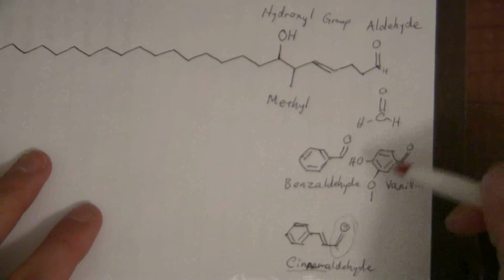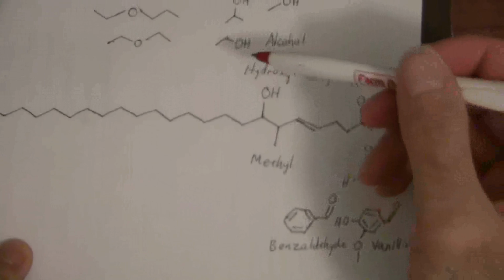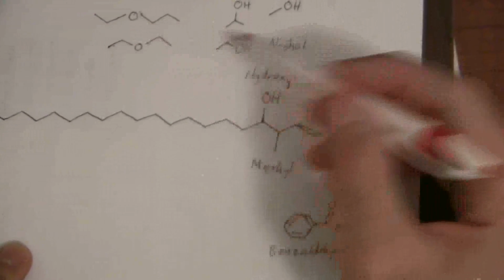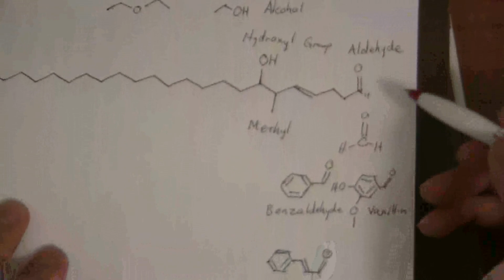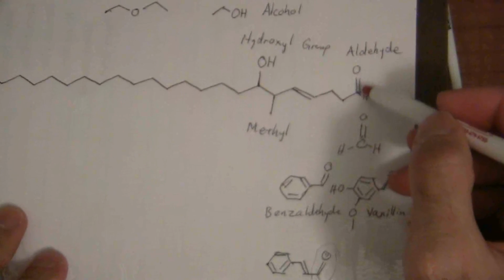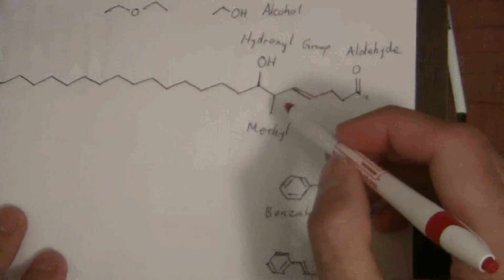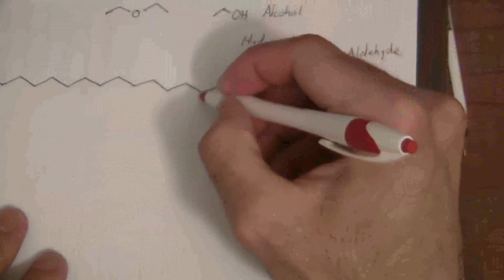Now, related to the aldehyde, just in the same way that the ether is related to the alcohol, if I take an aldehyde and I remove that hydrogen and put another carbon chain, I'd have something that looks like this.